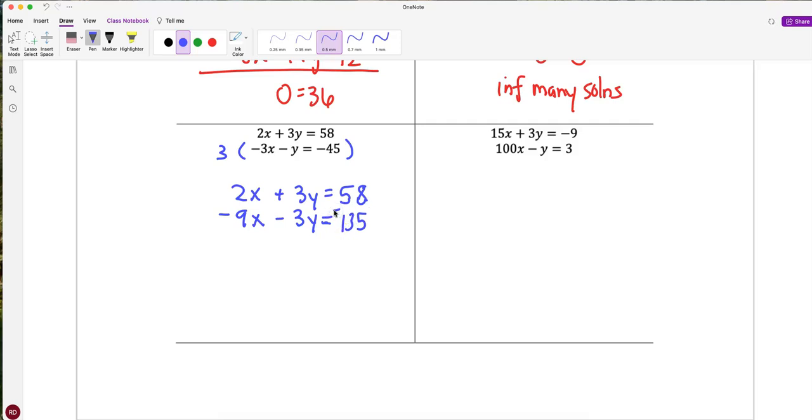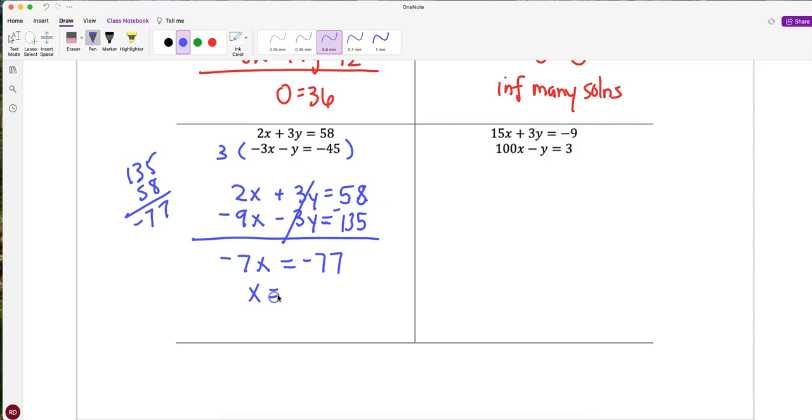Okay. So now, when I add, the y's are going to cancel. -7x equals, so 135 and 58, that's a 7, negative 77.